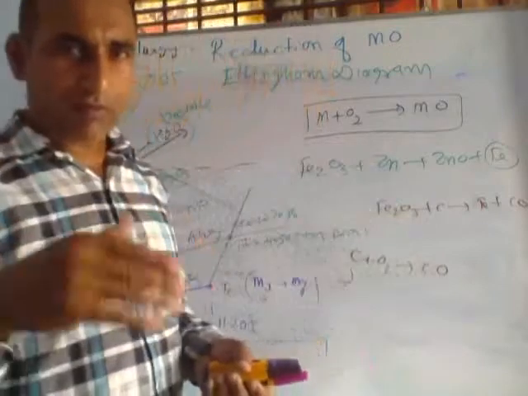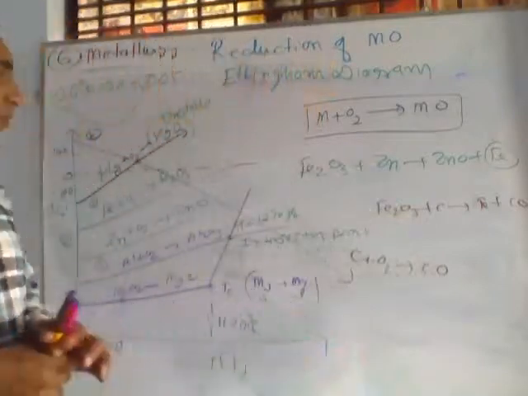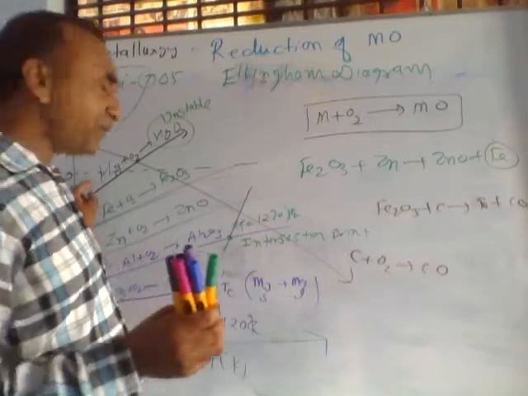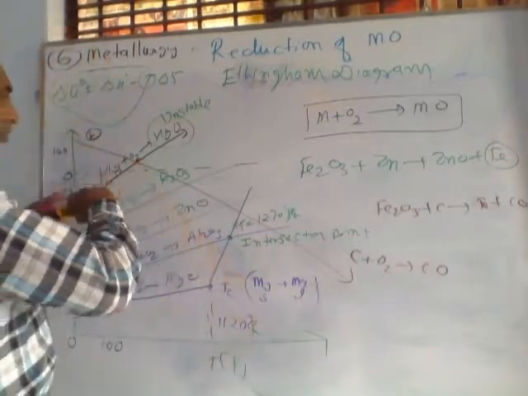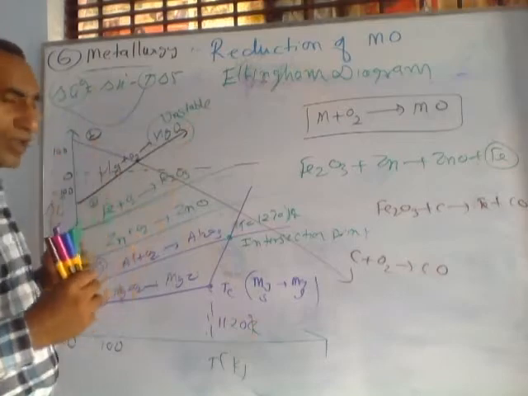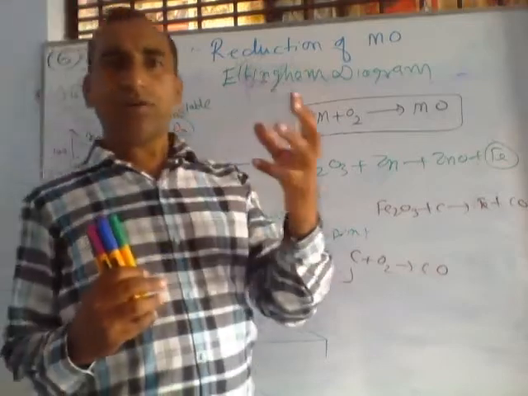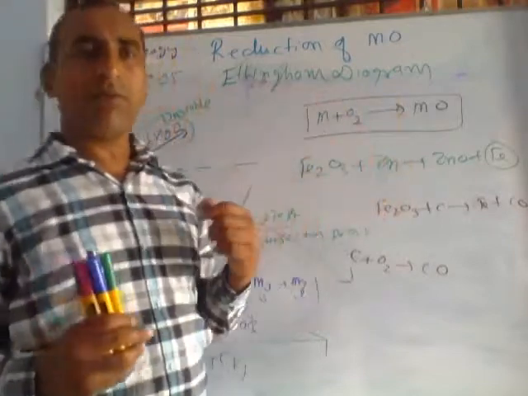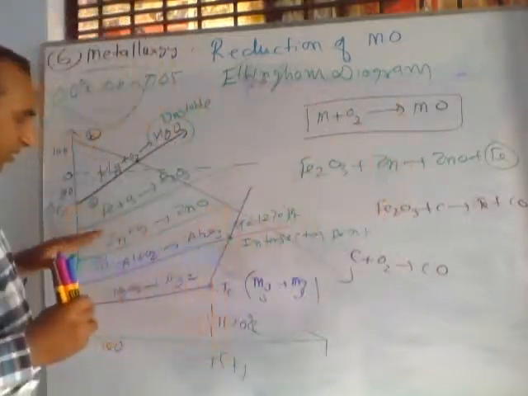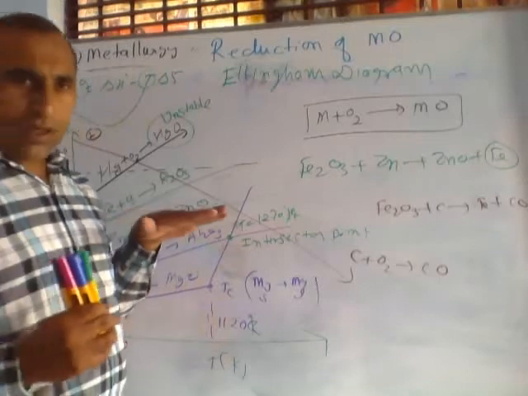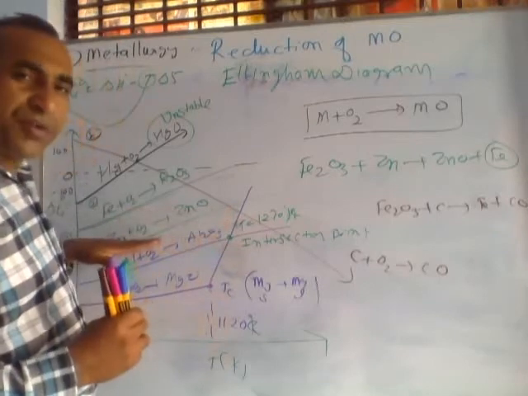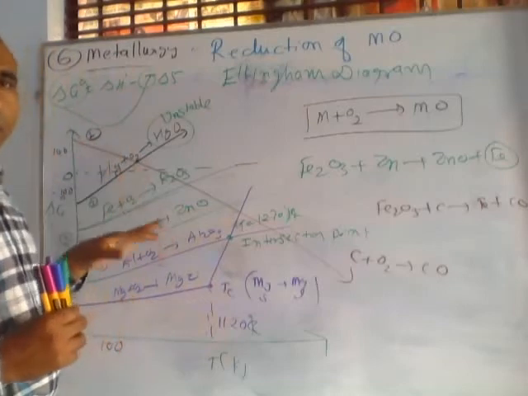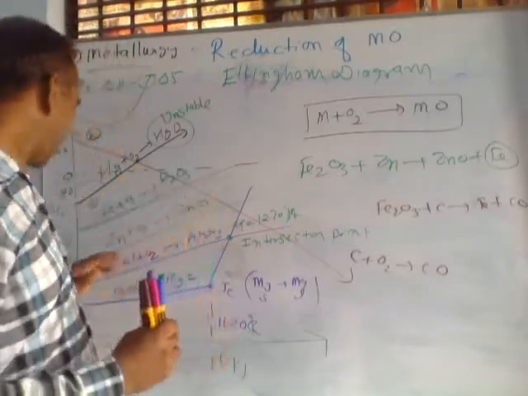What are these points? I am revising quickly. First, for some metals the graph goes above zero. It means the oxide of that metal is unstable and the reaction becomes reverse. The second point indicates that the lower metal can reduce the oxide of the upper metal, but the opposite is not possible.